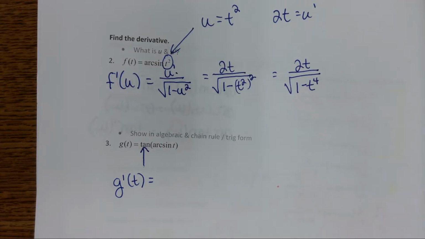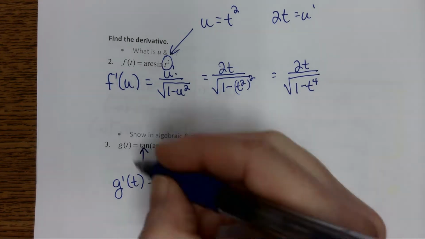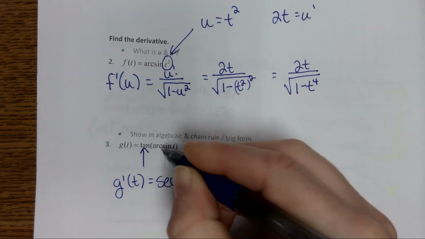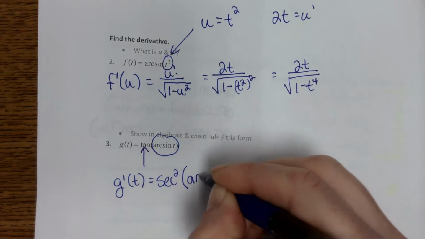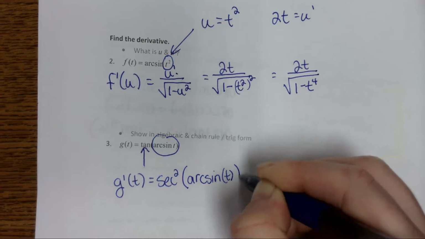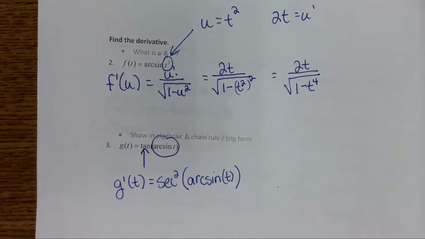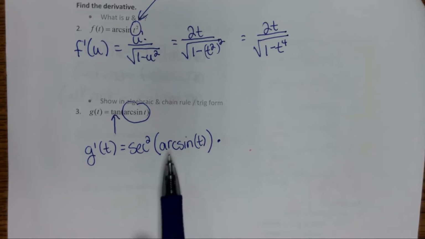Secant squared. Good, Dylan. Now I'm doing chain rule, so I have to not change the inside yet. I'm going to take the secant squared, and I'm not changing what's on the inside, arc sine of t, if you want to put an extra parentheses. But now I have to multiply by the derivative of what's inside, which is the one we just learned.